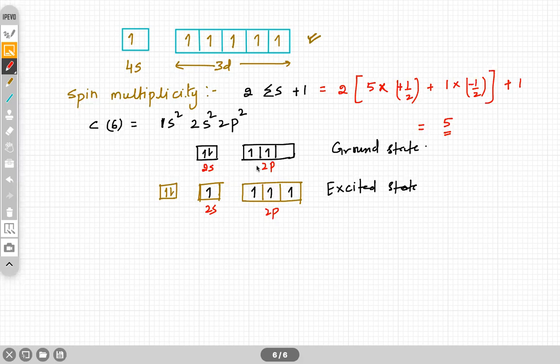Chromium and copper are an exceptional case due to symmetrical arrangement. Correct? But when the electron goes into the higher energy shell, it does not mean that from 2p it will go into 3s or 4s or 5s. That is not possible because all these transitions require energy. Right? Electron transits from one orbital to another depending upon the energy available there.